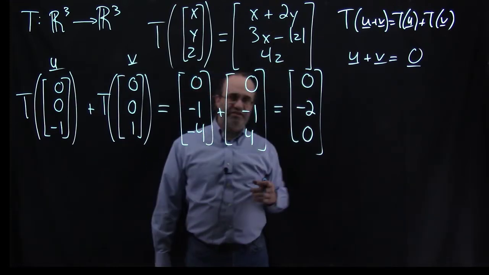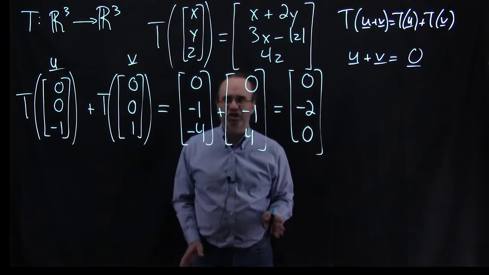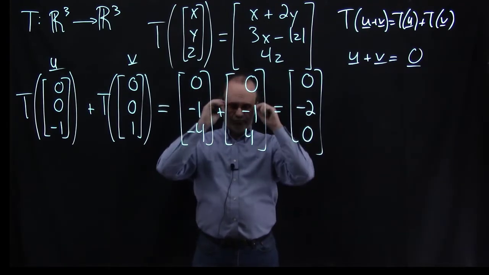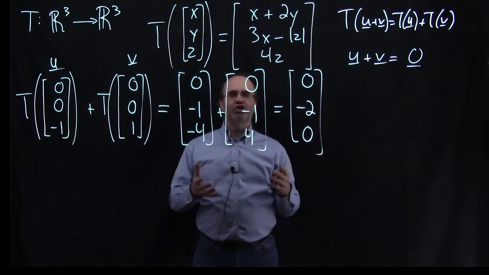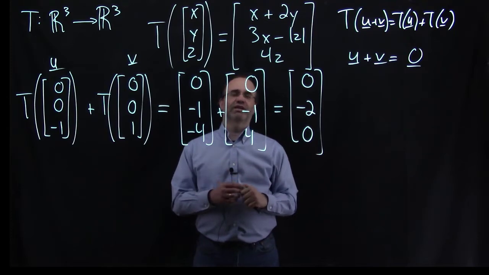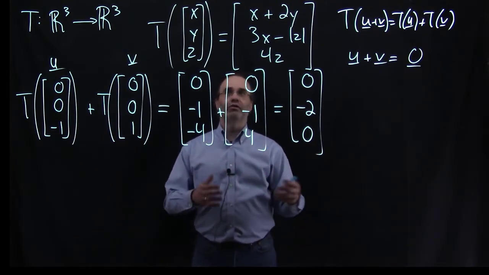If x, y, and z are 0, T of 0 is 0. Actually, this is true for any linear transformation. It always sends the 0 vector to the 0 vector. So if you have a function that doesn't have this property, then for sure it is not a linear transformation. It's probably the first test to check to see if some function is linear or not.